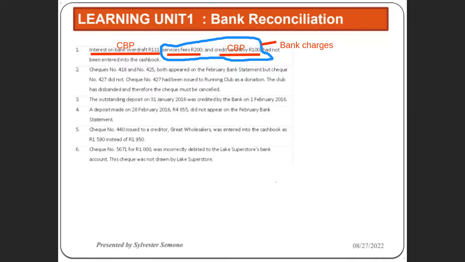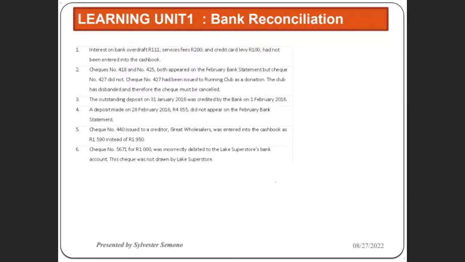Let me just erase everything here and go to number 2. If you check number 2 here, they say check number 418 and check number 425 both appeared on the February bank statement.